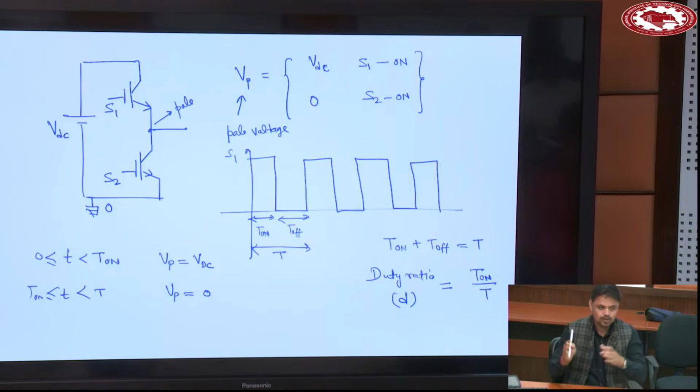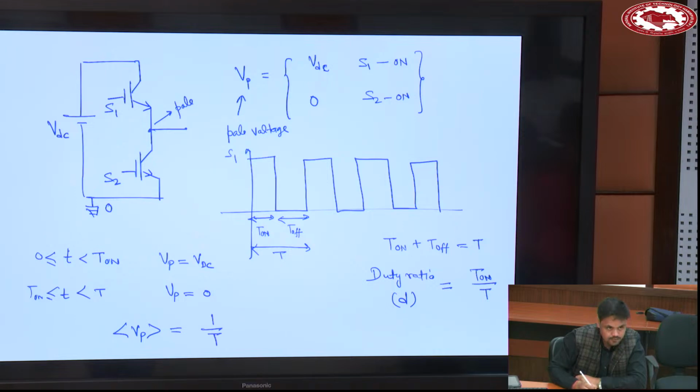What is the average value over a cycle? It will be 1 upon T, integral from 0 to T of Vp dt. So from 0 to T on it's VDC, and from T on to T it's 0.